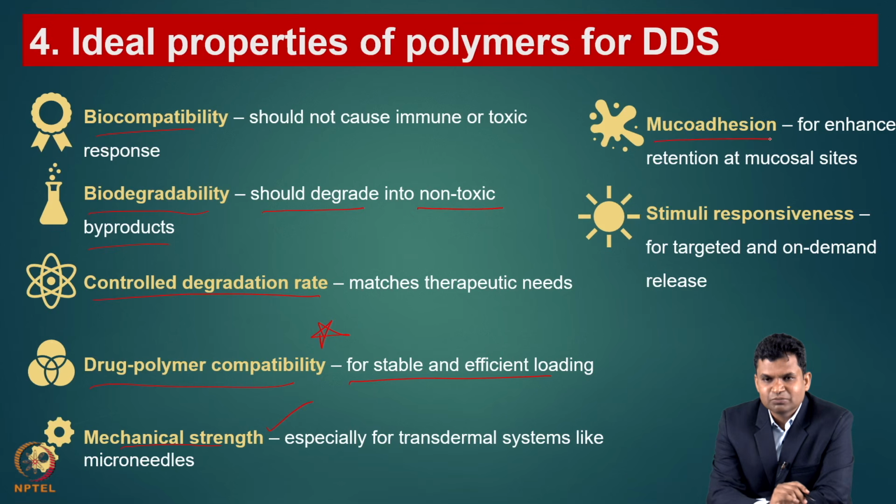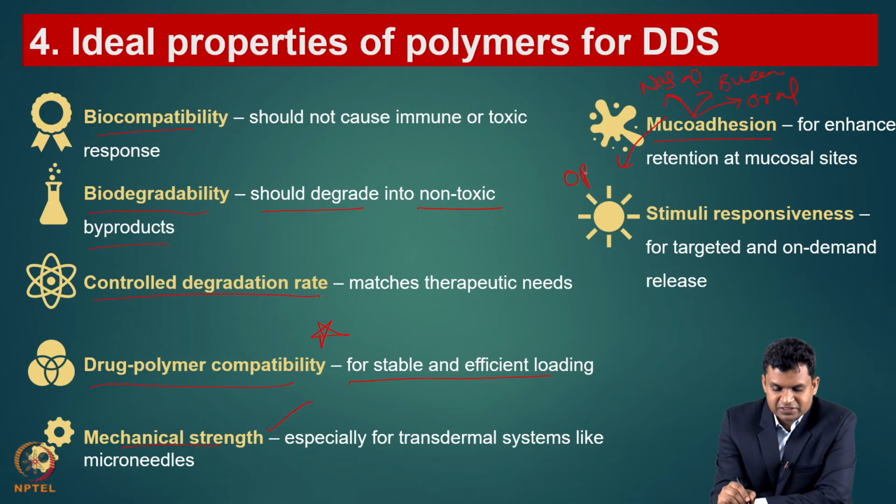And as we discussed mucoadhesion, with this mucoadhesion system, you can target oral application, we can also use it for the buccal, we can also use it for nasal delivery systems, we can also go with the ophthalmic delivery systems.